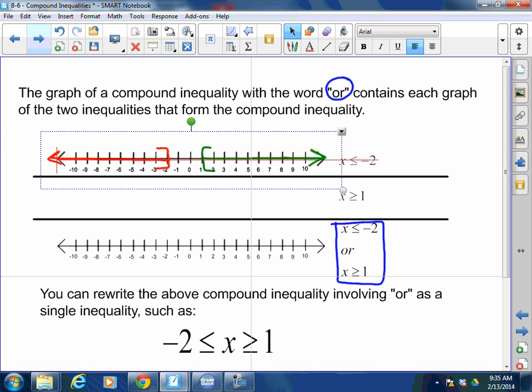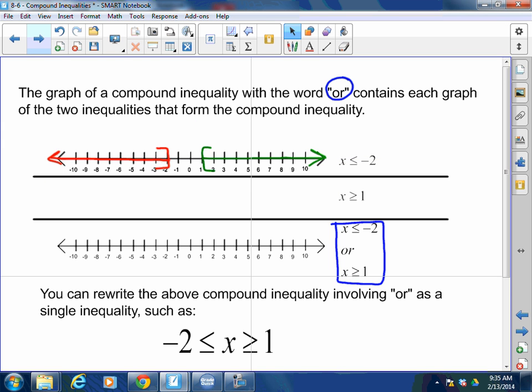And wait a second, Mr. Morrow. There's no overlap here. Should there be an overlap with an "or"? No. What I have now is a system of a union here. Because I now have x is less than or equal to negative 2. Those are valid. Or x is greater than or equal to 1.